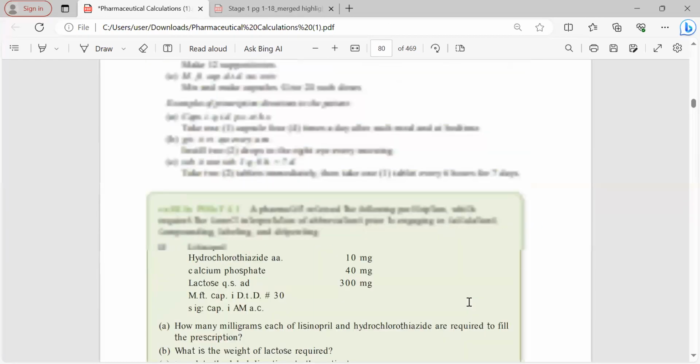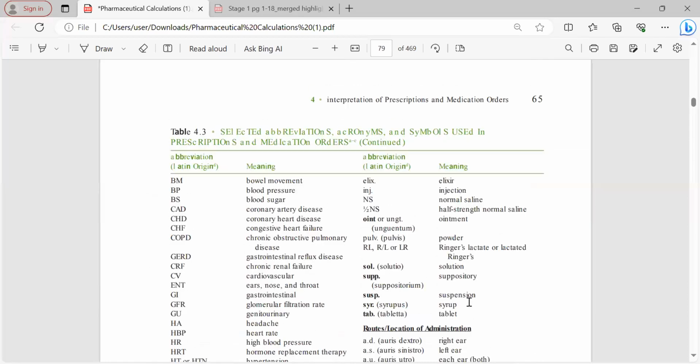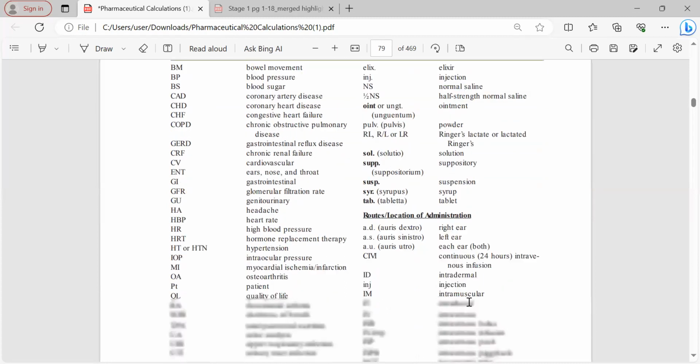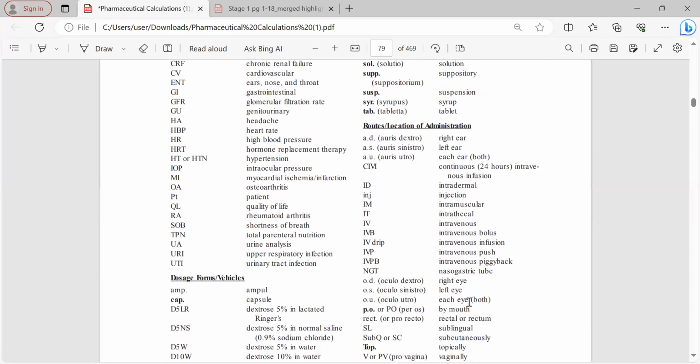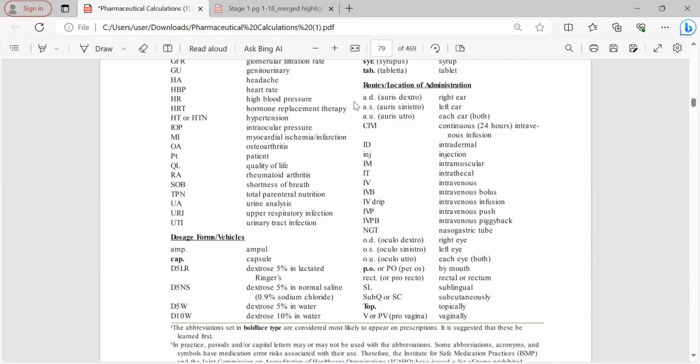Maybe another table. They're here for routes of administration. Yeah, so AD. So the question was asking, you get a prescription written. We've seen on the other table, drops is GTT. So they're written GTT, something, something, then AU.